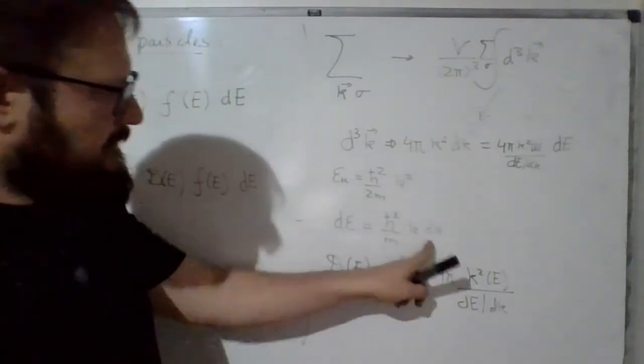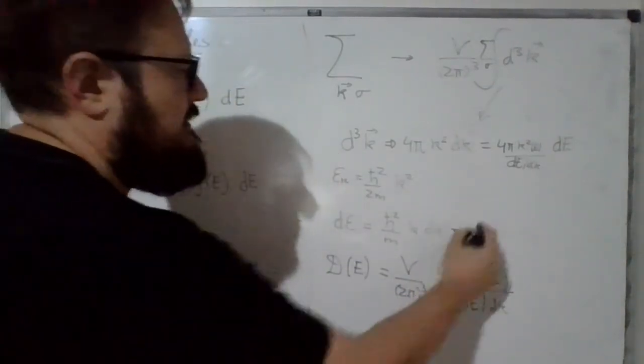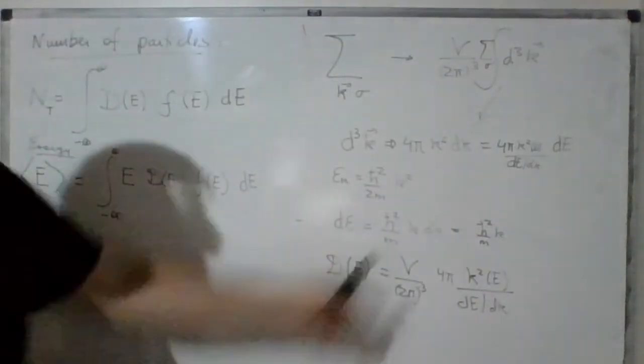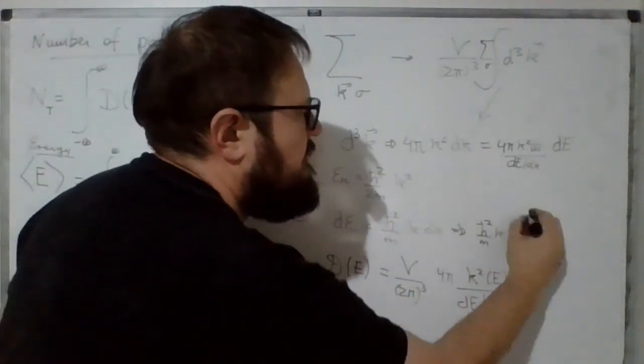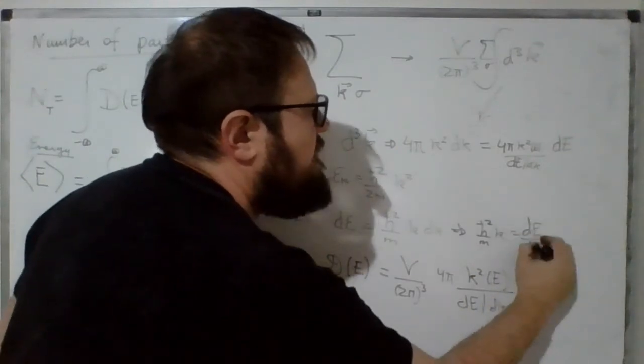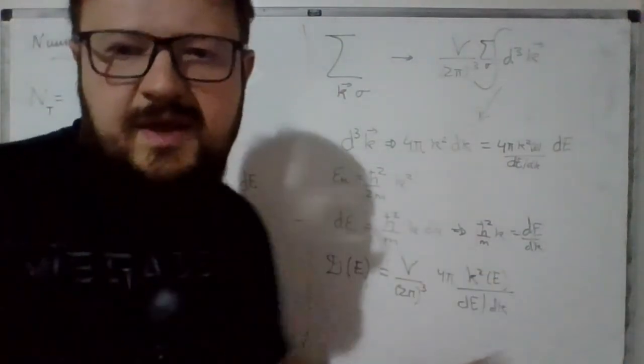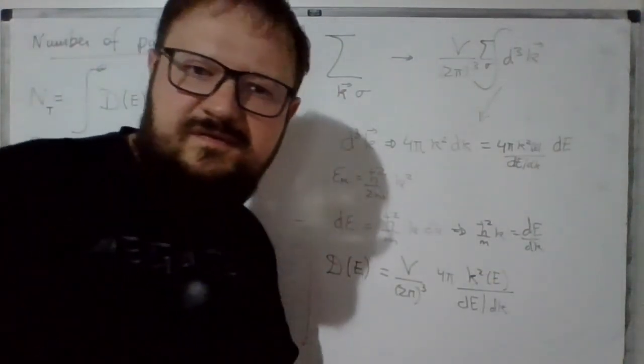And this is just, in this case, h bar squared over m k. In 3 dimensions, this is what you have. And in the end, you can replace everything by a function of energy.